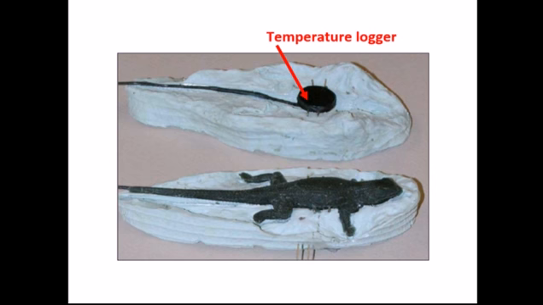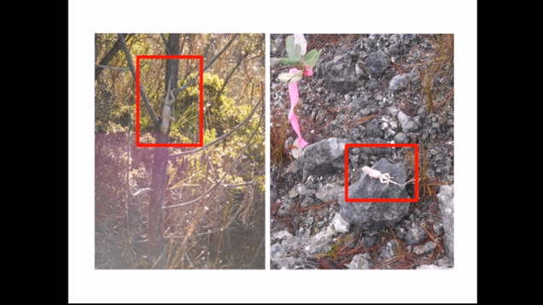Put this temperature logger inside, and then we can place these models at various places outside. You can see this method is very flexible. We can put one model on a tree, one model on a rock, and detect very small differences between those locations within one habitat.